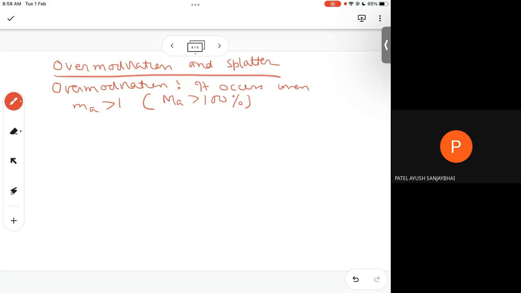When MA is greater than 1, that means VM by VC is greater than 1, which implies that VM is greater than VC. So if the message signal amplitude is greater than the carrier signal amplitude, overmodulation occurs. See, message signal amplitude is not in my hand. It is something what you are speaking, I can't change.